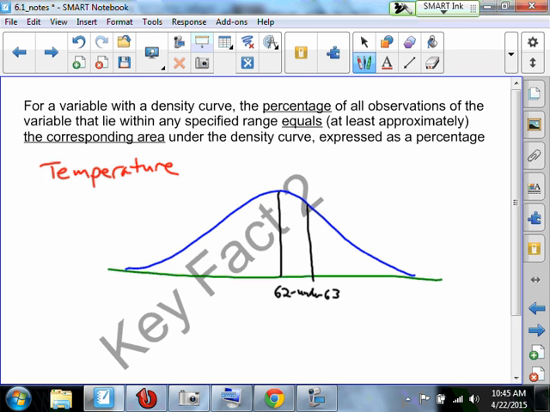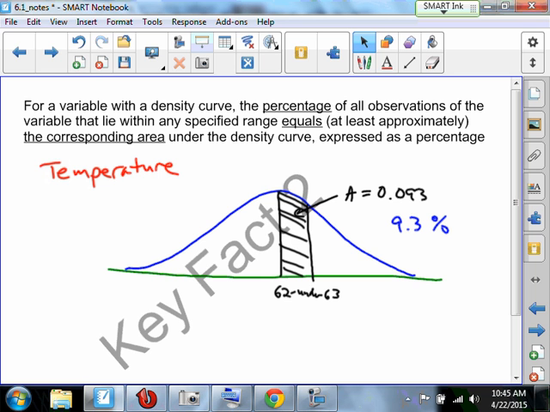So suppose that the area in that particular chunk equaled something like 0.093. What we're saying is 9.3% of all the observed temperatures are in that interval.